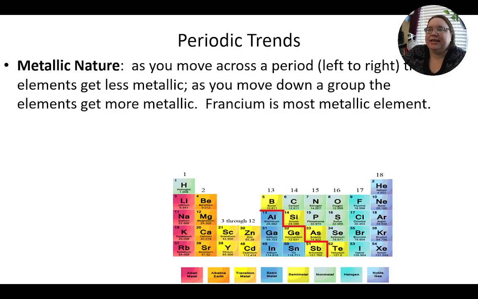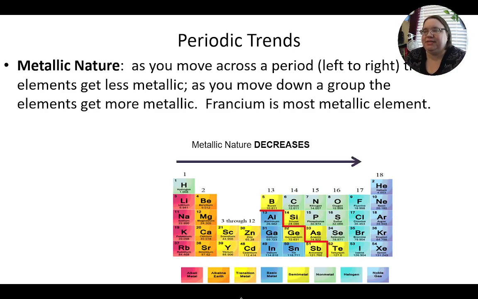So, metallic nature. As I mentioned earlier, metallic nature gives you an idea of how metallic elements are. And this is one that, if you remember that dividing line, you can infer that the left side of my table is metallic, the right side of my table is non-metallic.